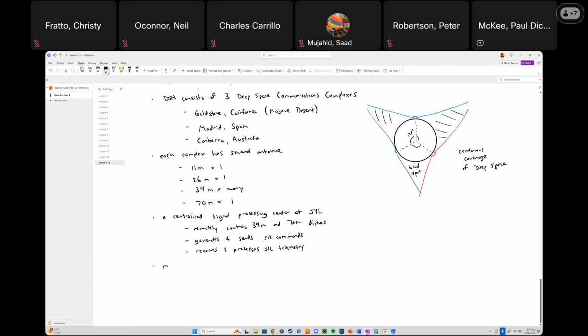Modern spacecraft communicate with the Deep Space Network on X-band and Ka-band.